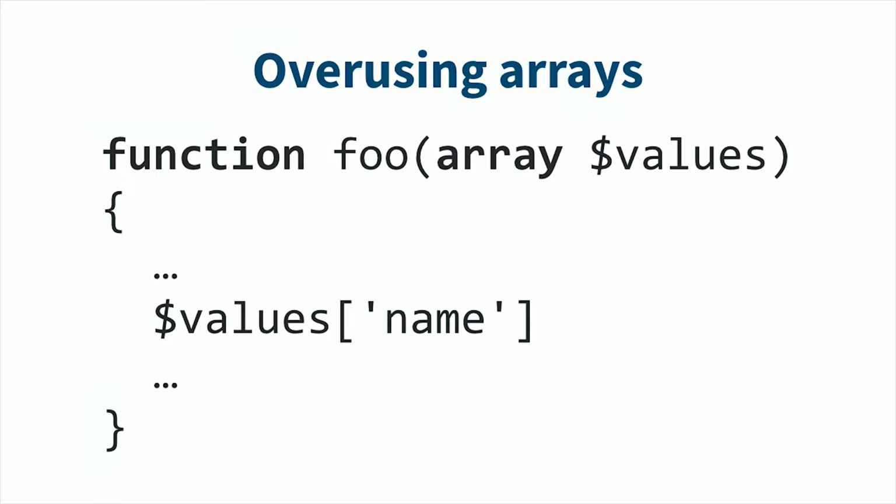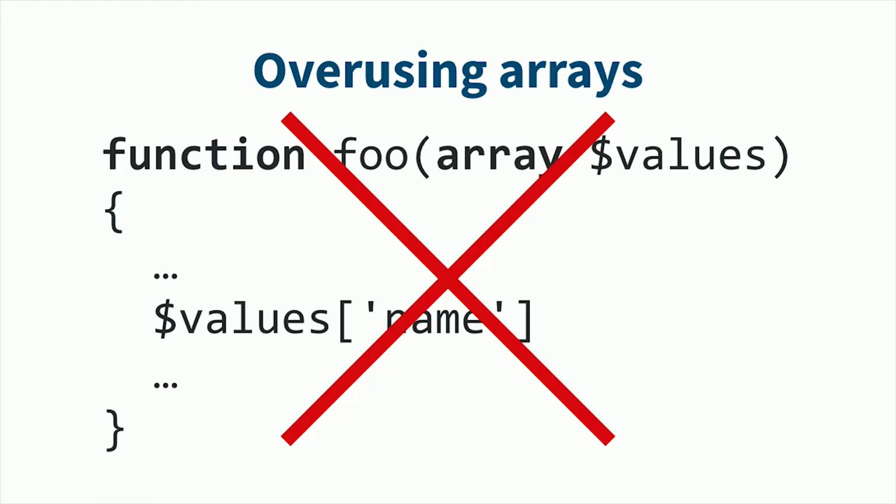But with an array type hint used like this, you can't be sure that all the keys that you want to accept are there, and you are also not communicating what kind of keys the array should contain before it's passed to your function. And you also don't know the types of the values inside the array. So this is not very analyzable and readable code.